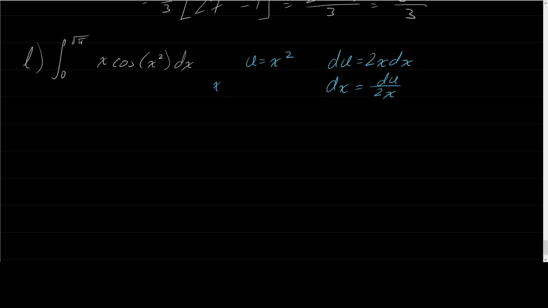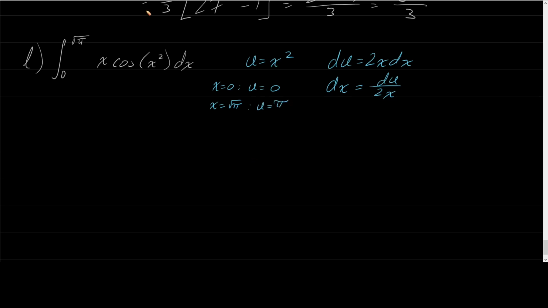When x is equal to 0, what's u equal to? Well, 0 squared is 0. When x is equal to the square root of pi, what's u equal to? The square root of pi squared is just pi.